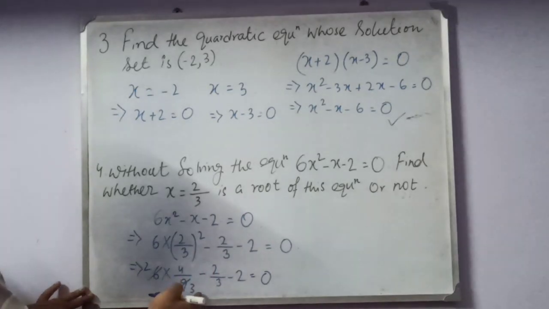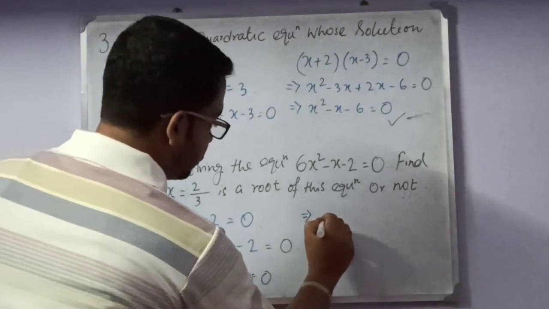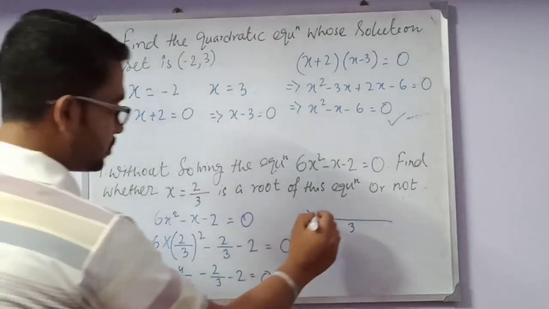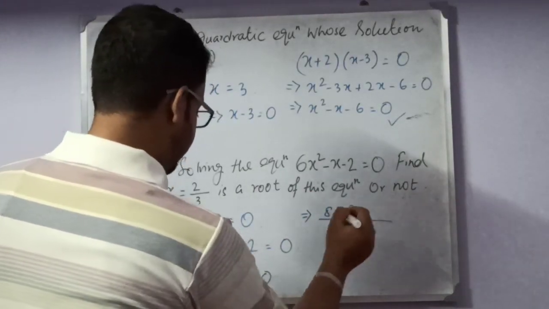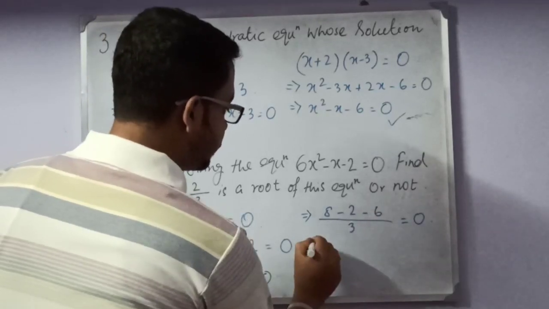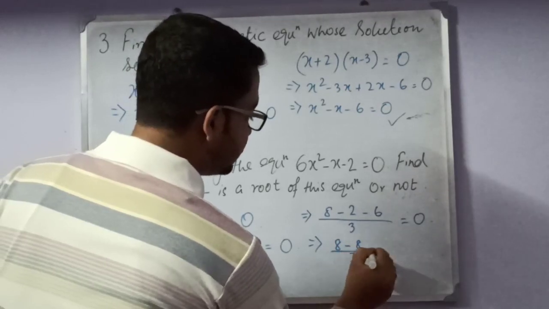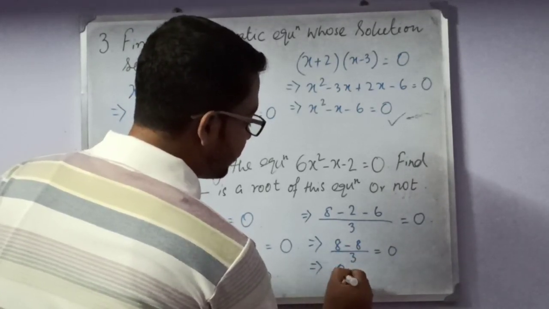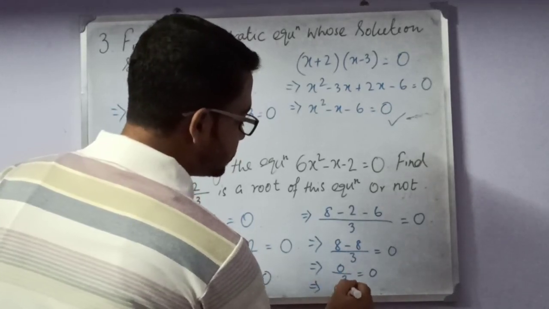So by taking the LCM, which is 3, we get 8 minus 2 minus 6 is equal to 0. That means 8 minus 8 upon 3 is equal to 0. So 8 minus 8, 0 upon 3 is equal to 0. 0 upon 3 means 0 is equal to 0.